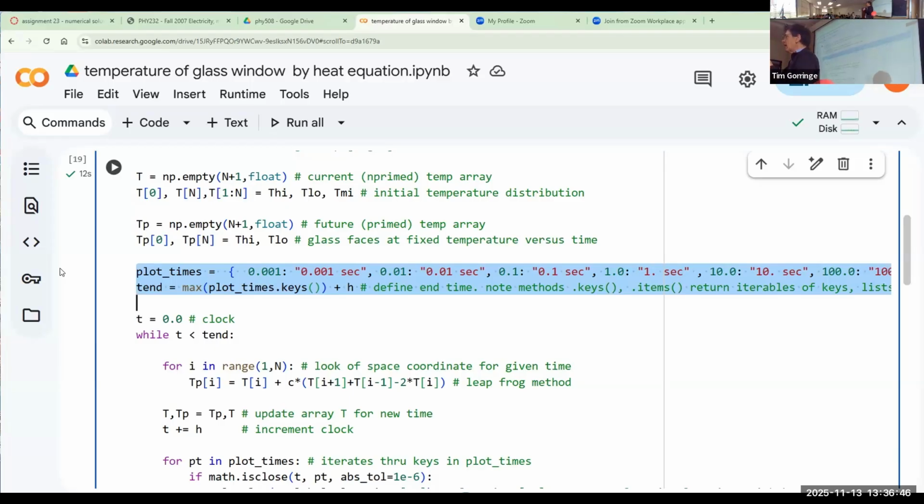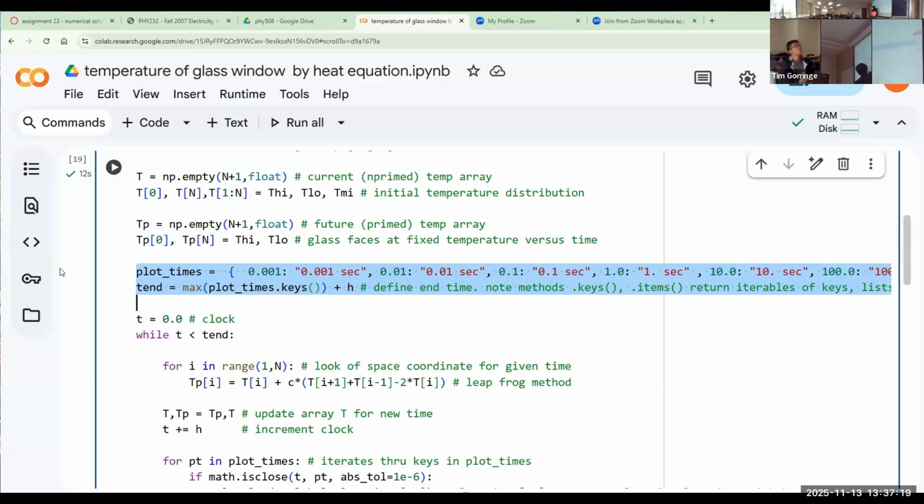Every element in a dictionary has a key and a value, separated by this colon when you define it. Here's the key in green, here's the value, a string in red. I'm defining my times to be the keys in my dictionary, and the values to be some labels that I can put on the graph. So this defines the dictionary.